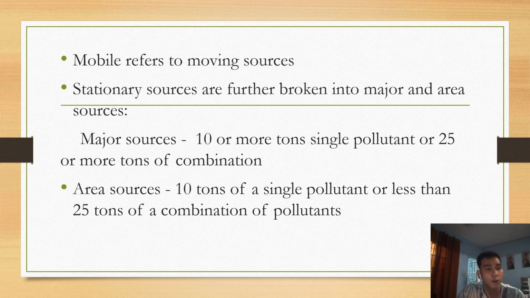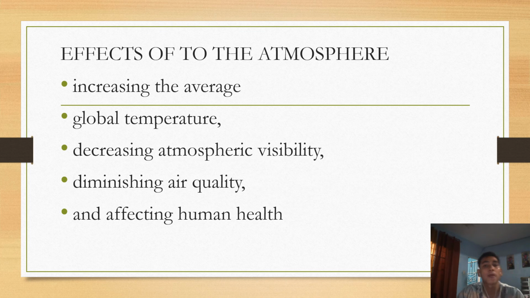In high enough concentrations, the pollutants produced by either mobile or stationary sources could cause adverse effects to the atmosphere, the surrounding environment, and human life, such as increasing the average global temperature, decreasing atmospheric visibility, diminishing air quality, and affecting human health.